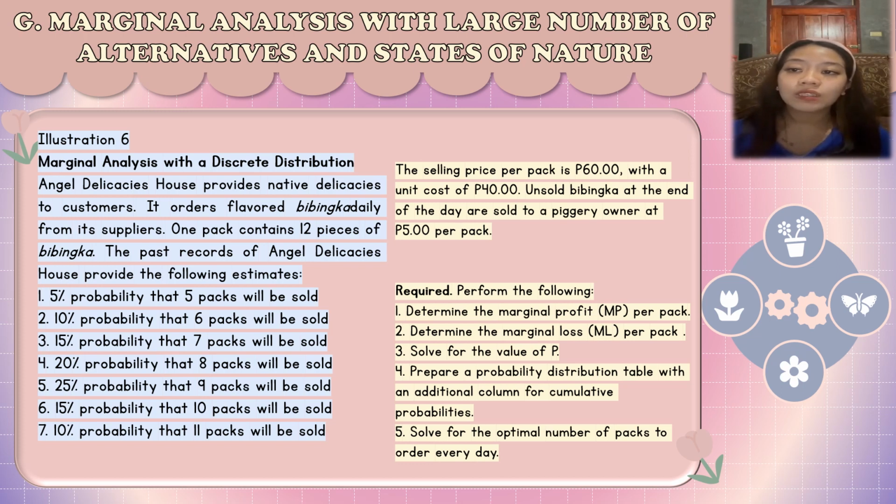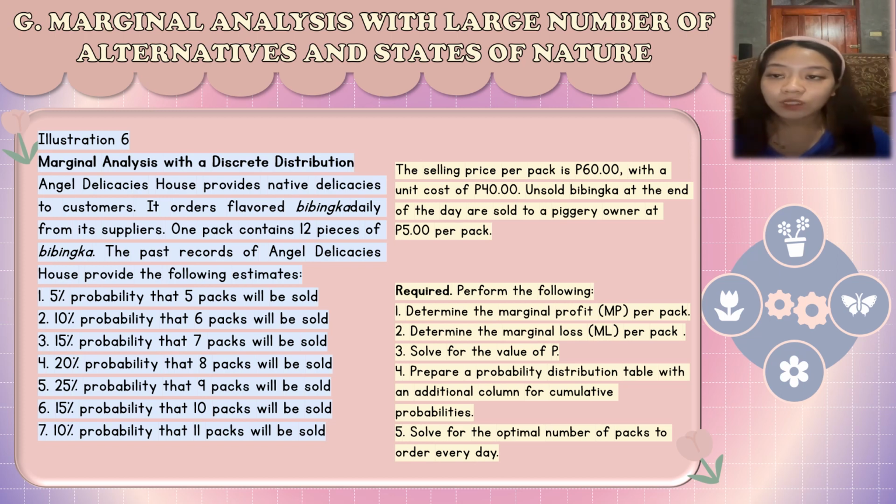5% probability that 5 packs will be sold. 10% probability that 6 packs will be sold. 15% probability that 7 packs will be sold. 20% probability that 8 packs will be sold, and 25% probability that 9 packs will be sold. 15% probability that 10 packs will be sold. 10% probability that 11 packs will be sold.